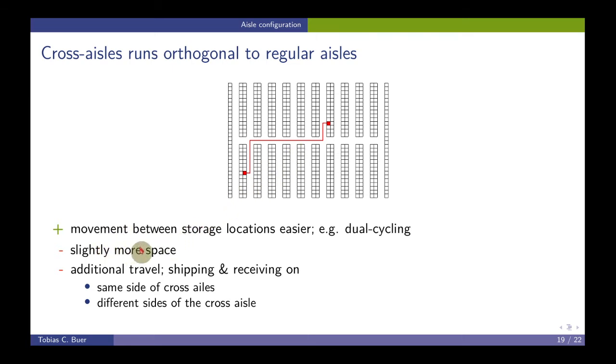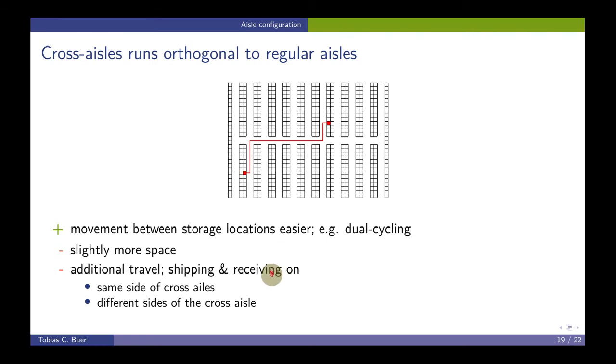Having this aisle requires slightly more space in our warehouse to store the same number of products, and there might be some additional travel when the receiving and the shipping doors are on opposite sides, because we always have to cross this additional space of the cross aisle.